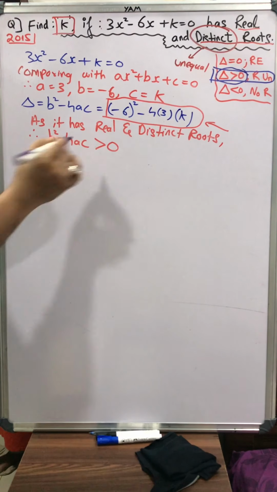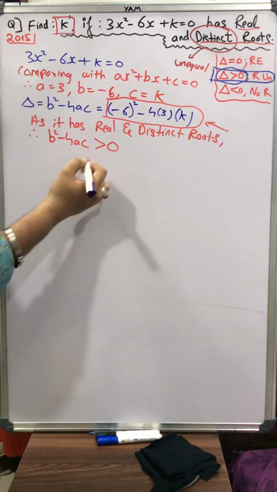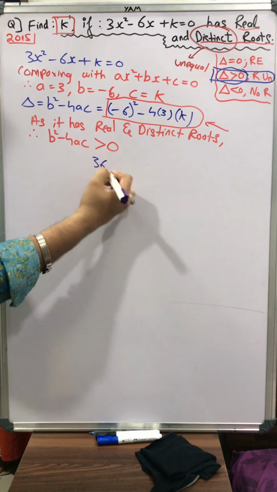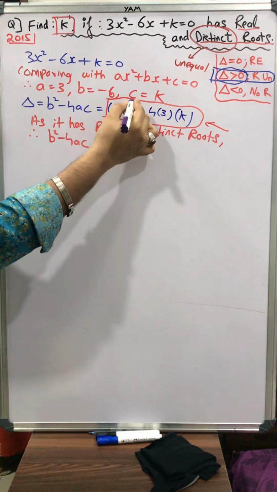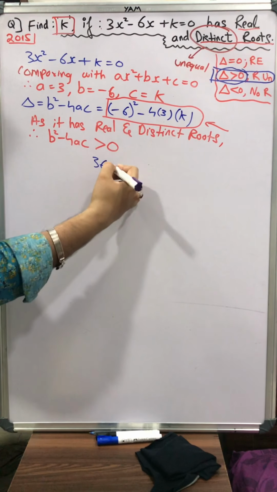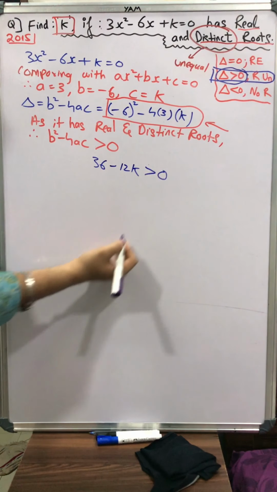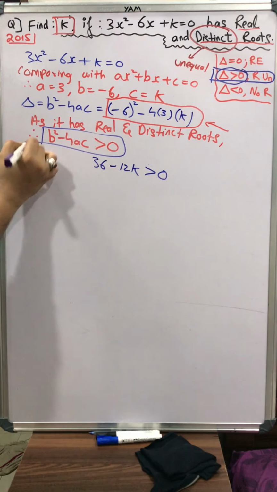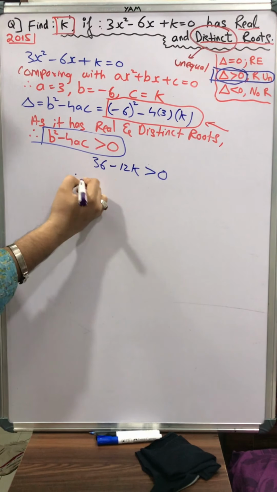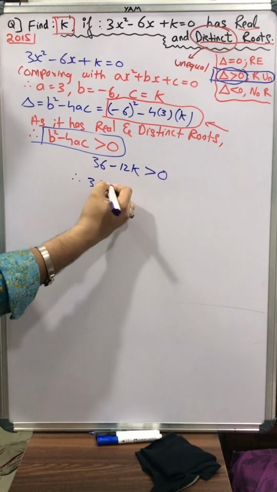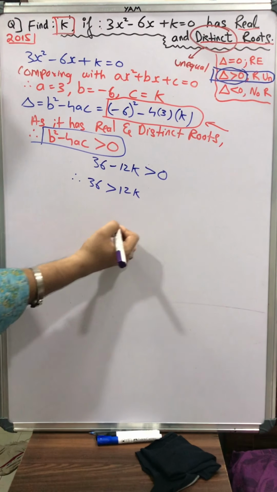So students, first I'll write here the value of b square minus 4ac. Here minus 6 whole square is 36, plus 36 because a negative number with an even power becomes positive, minus 4 3s are 12, and k is greater than 0. Therefore minus 12k, k goes on that side, becomes plus 12k. 36 is greater than 12k.